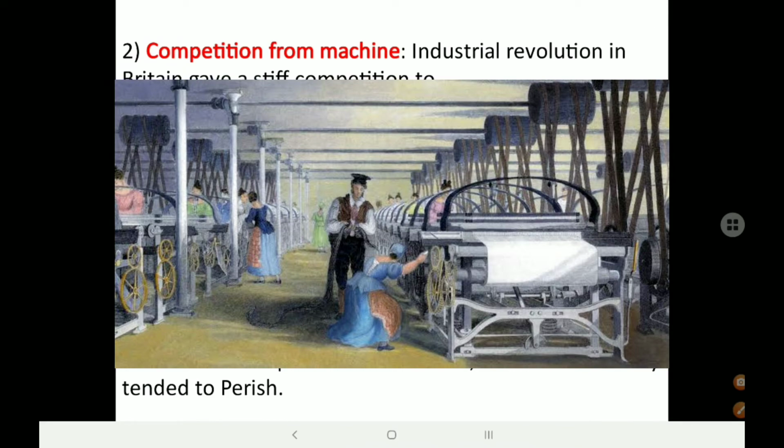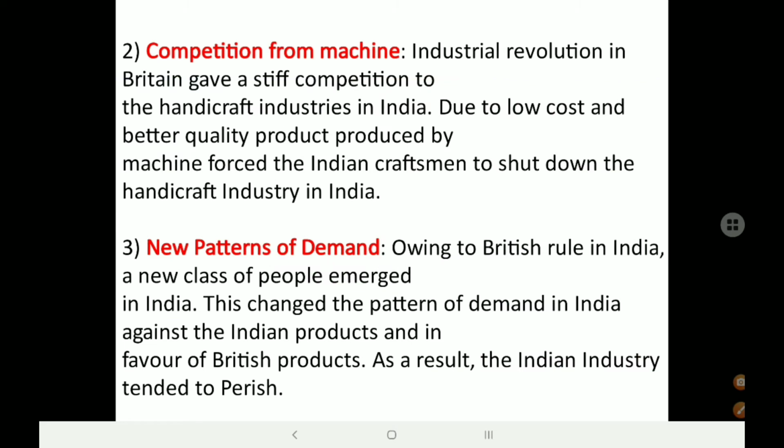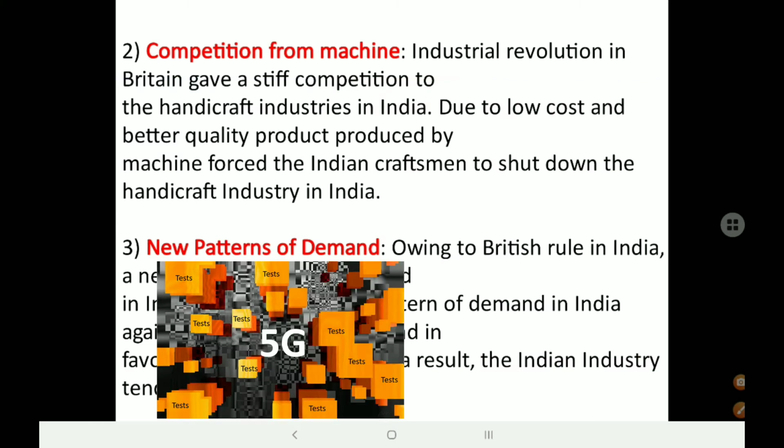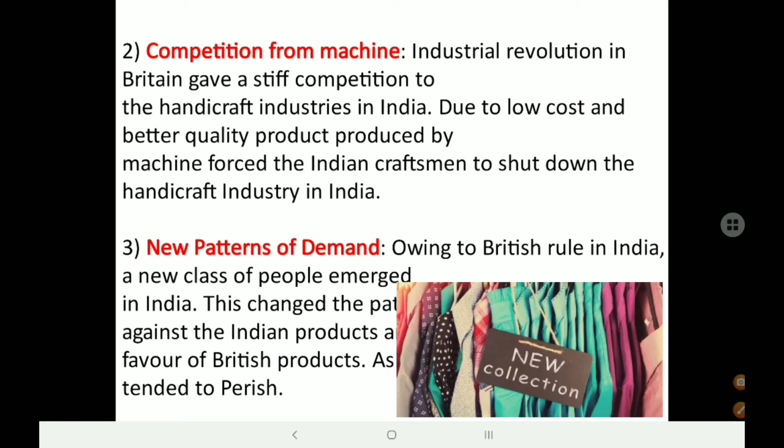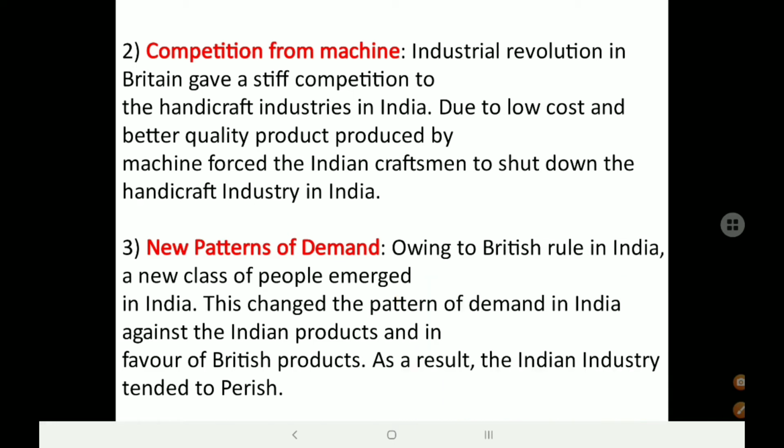Now the third point is new patterns of demand. As we know, when the British ruled India, the pattern of demand changed. The decline of Indian handicrafts resulted in unemployment on a mass scale. The displaced artisans were forced to take up agriculture for their livelihood.